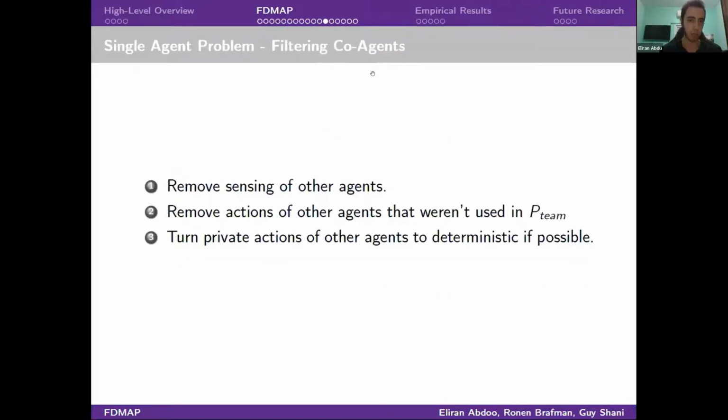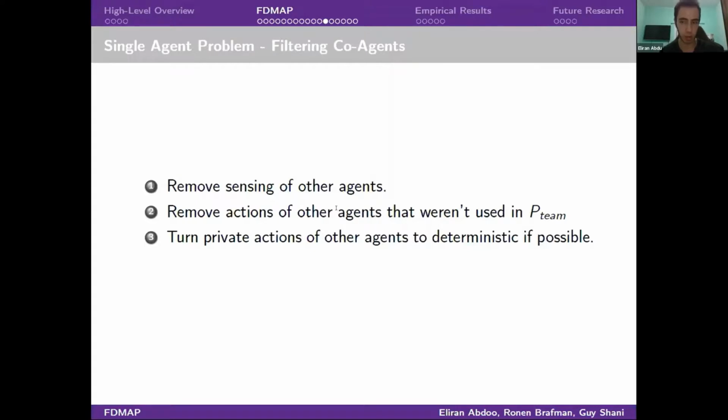About filtering the coagents' presence, we remove sensing of other agents, which is essentially saying, okay, we have an agent and we don't want to allow it, in a single agent problem, to be able to sense other agents, because it's completely irrational to do. We remove actions of other agents that weren't used in PTM. Again, this is important because we do allow our agent to perform other agents' actions, but only as a simulation.